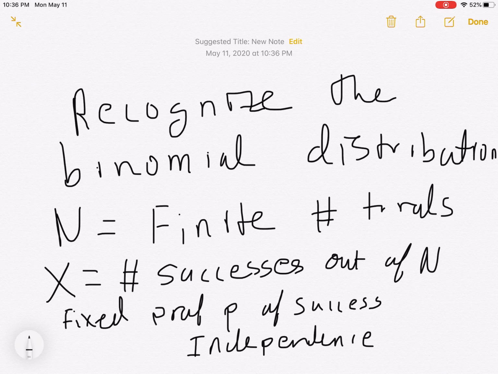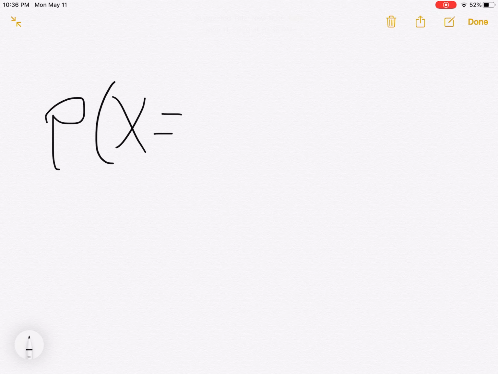If you have all these things, then yes, you are good to use the binomial distribution, and then you can use this formula. So instead of writing probability x equals k, I'll write probability x equals little x. That's a constant.